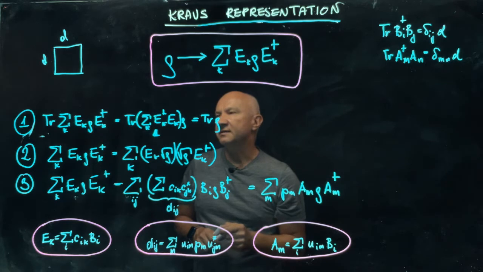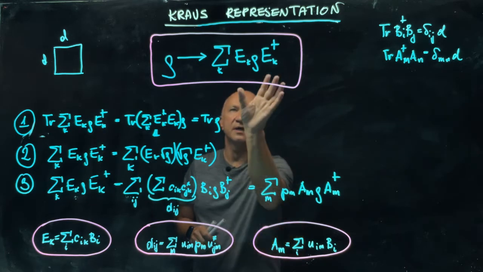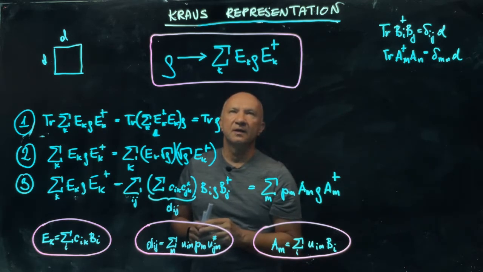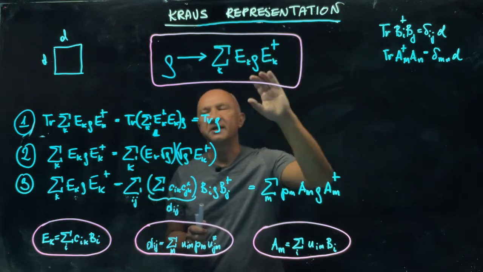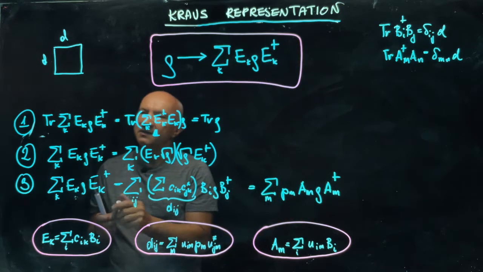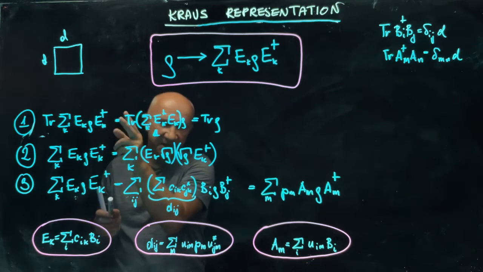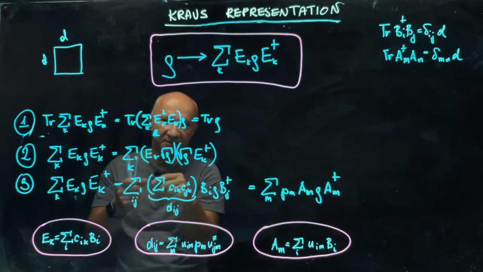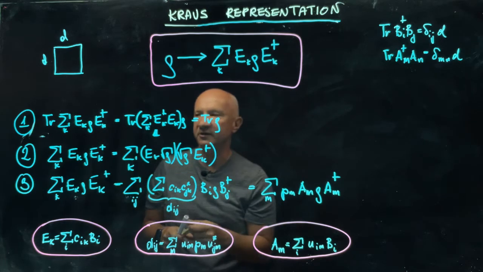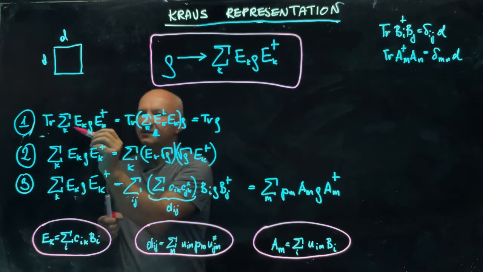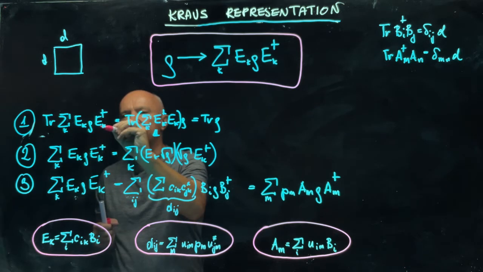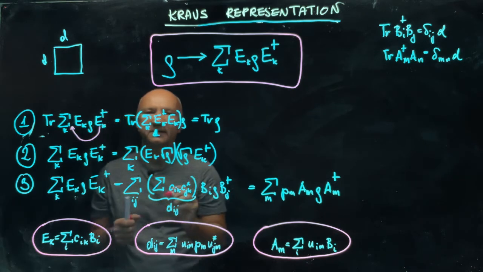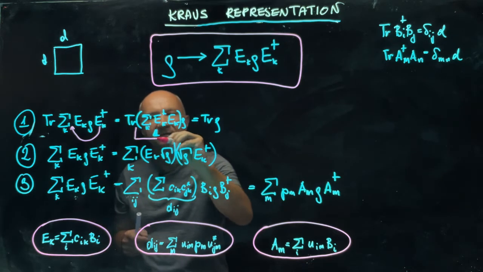So one thing that you can see right away is that it is a trace-preserving map if you impose an extra condition on the Kraus operators. If you take the trace of this expression here, you can make a cyclic permutation under the trace, right? The trace is invariant under cyclic permutation of operators. So if we take the trace of this expression, I can do the cyclic permutation and put this operator here, and I have this expression.